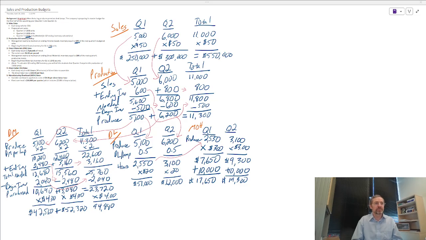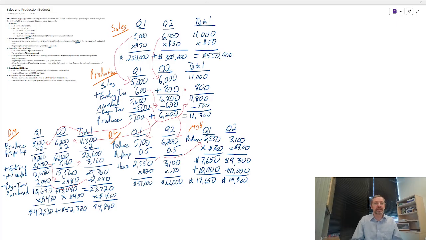So translate it into pounds of metal. Again, we have ending inventory, beginning inventory, and then multiply that by how much it costs for each of those things to get the number of dollars that we're going to be spending. And just like the production budget, the ending inventory for one quarter flows into the beginning inventory of the next one. And the total column also works the same way as the production budget.